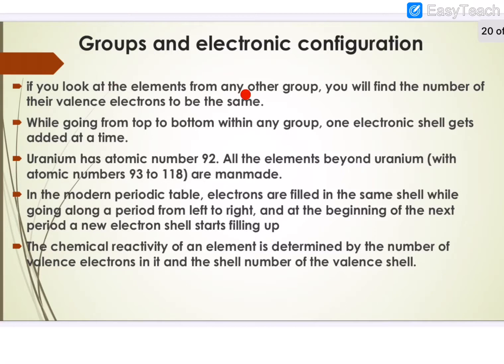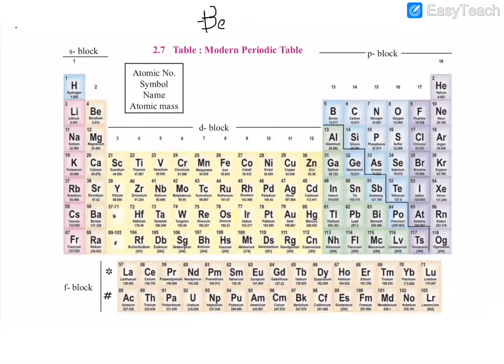If we look at elements from any group, you will find that the number of their valence electrons is the same. We are taking the example of group 2. The first element is beryllium, with atomic number 4, and magnesium, with atomic number 12. Let us write the configuration of beryllium.